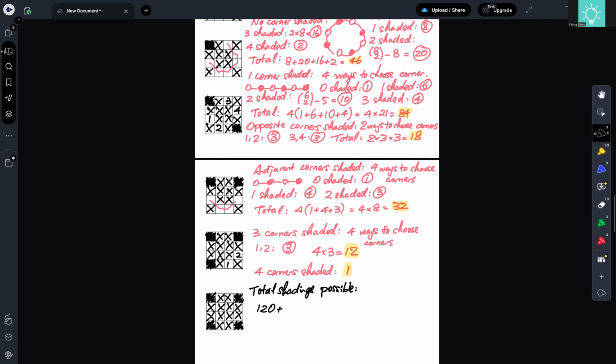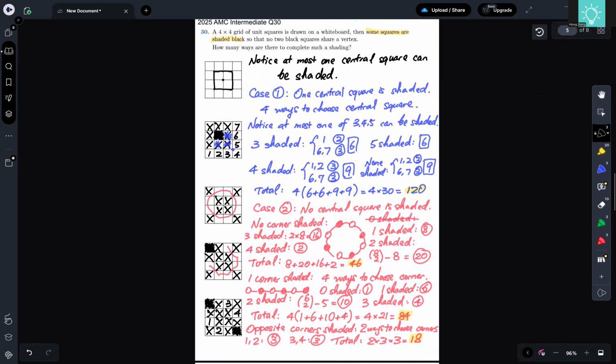And if we don't shade any of the middle squares, we have 46 if we shade no corners, 84 if we shade one corner, 18 if we shade opposite corners, 32 if we shade adjacent corners, 12 if we shade 3 corners, and 1 if we shade 4 corners. So what is that? 120 plus 46, 166 plus 84 is 250, plus 18, 268 plus 32, 300 plus 12 plus 1. So your final answer is going to be 313 possible shadings. And we are done.